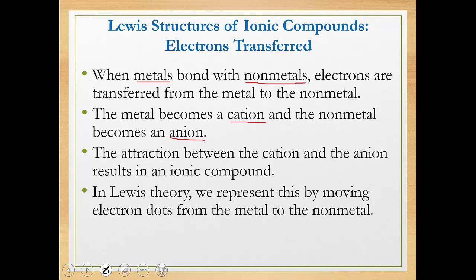And the resulting difference in charge between the cation and the anion results in an attraction that forms an ionic compound. So how do we visually represent this in Lewis theory? We do this by physically moving the electron dots from the metal to the non-metal. So we are going to redraw their Lewis structures to show the movement of those electrons.